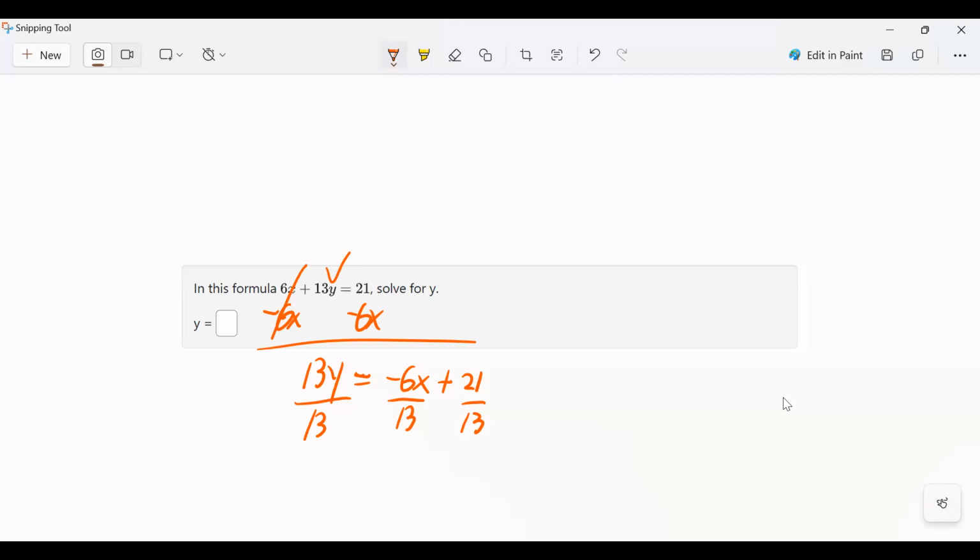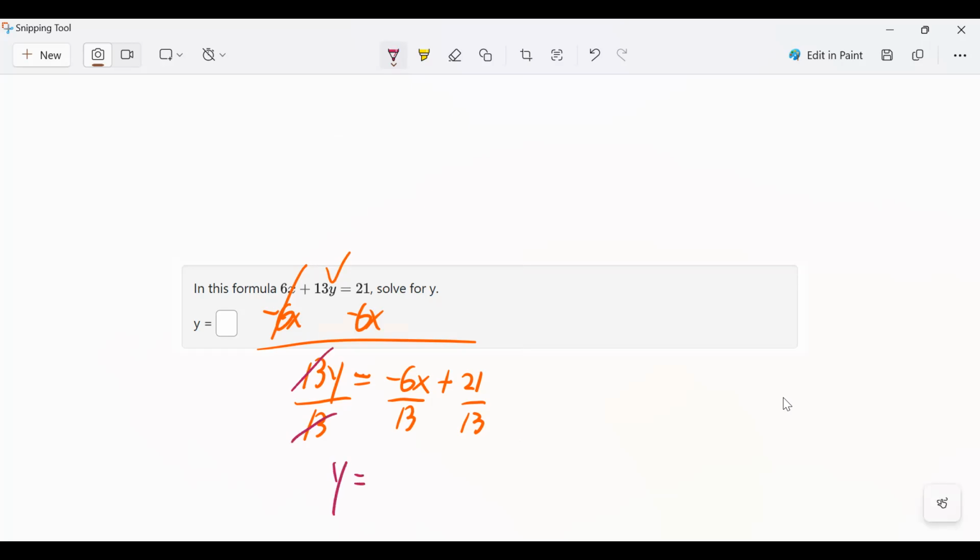And on the right, we get minus 6x plus 21. And next step, we need to get rid of the coefficient in front of the y. So we're going to divide 13 across. So from there, we just cancel the 13 on both top and bottom. So y is by itself.